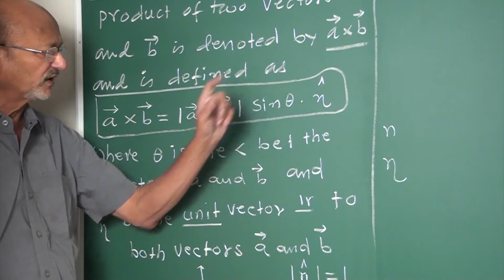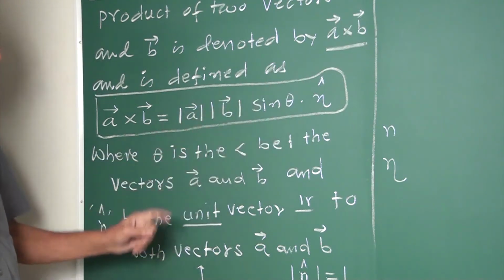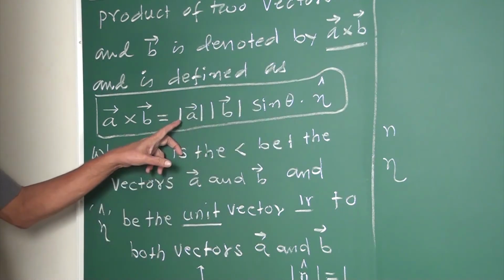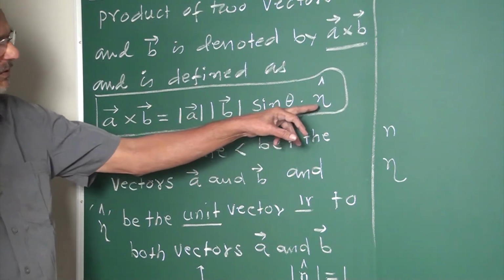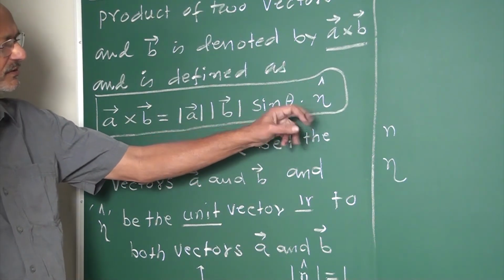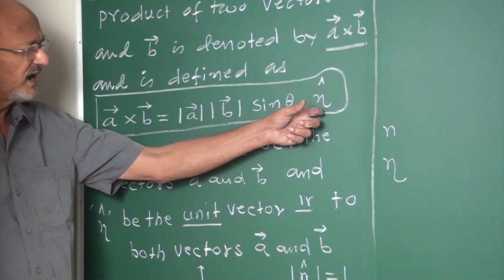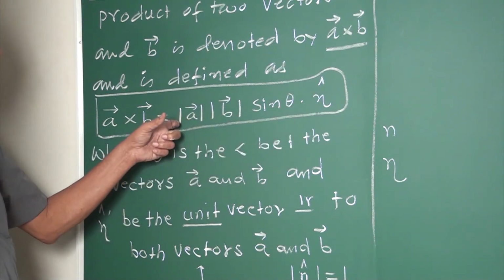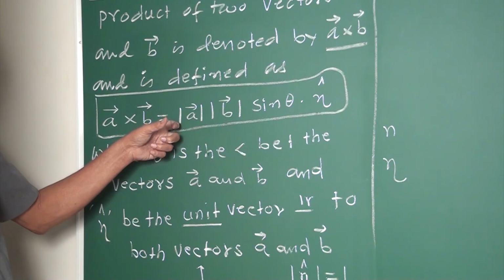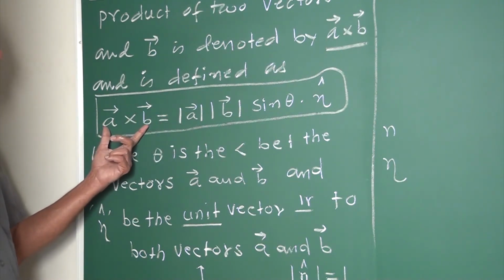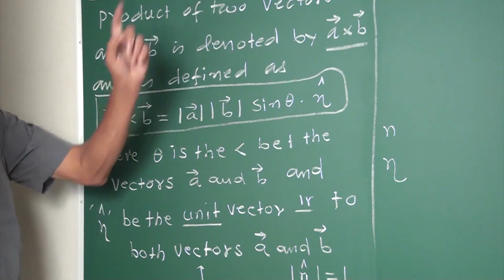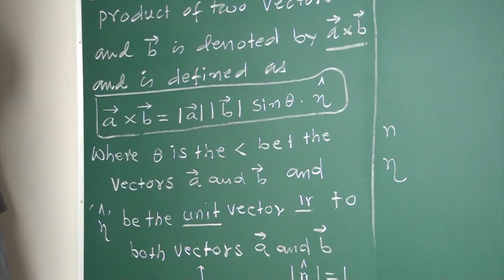Eta cap is a unit vector. Look at your observation in RHS: scalar quantity, scalar quantity, scalar quantity. But this is a unit vector, it is a vector quantity. Because of this eta cap, RHS is a vector quantity. As RHS is a vector quantity, A cross B is a vector quantity, whereas dot product is a scalar quantity.